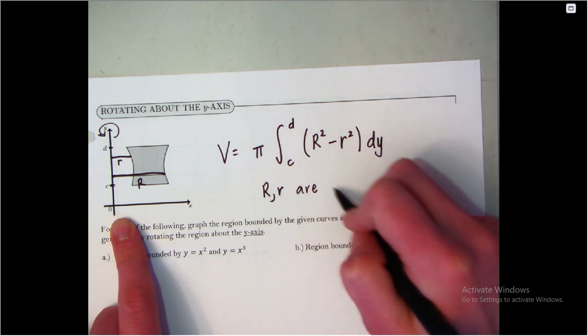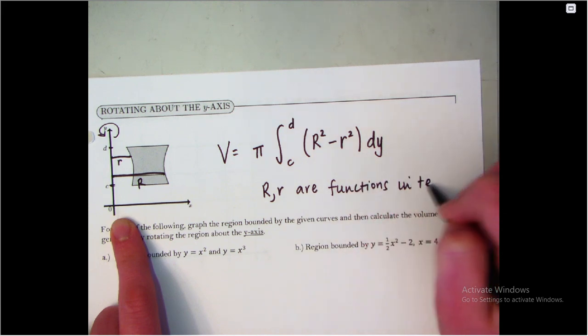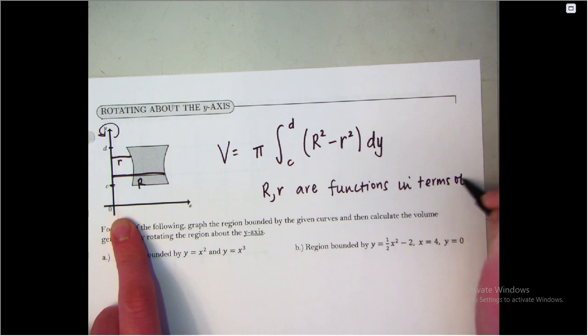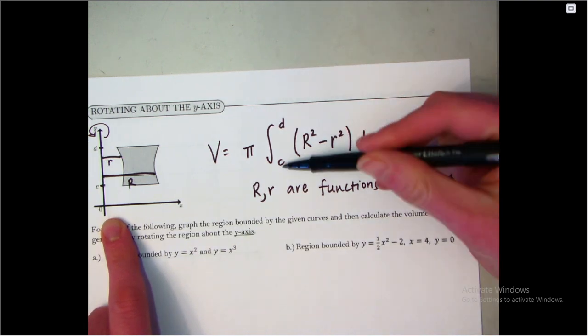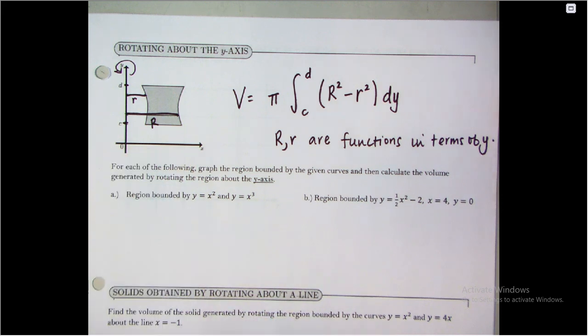So capital R and little r are functions in terms of y. C and D would also need to be y values in order for this to be set up correctly.